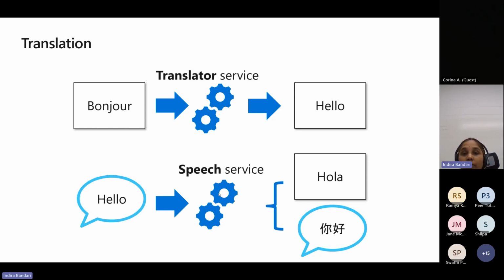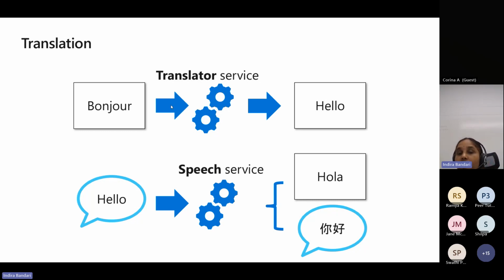Yeah. Translator service and speech service. With speech, you are saying it here, hello. This is audio. Okay. Text translation is only text. Understood? This is text in German or French, I can't remember. Bonjour means hello, and that is translated to text in English.